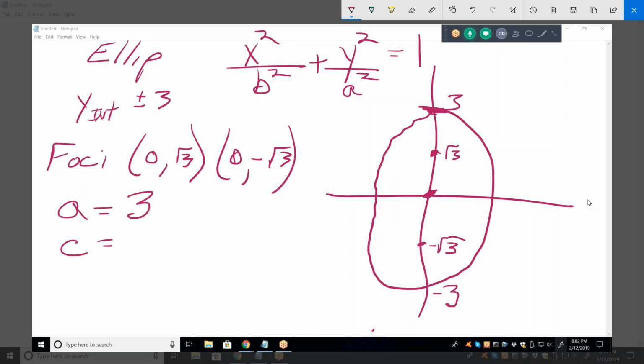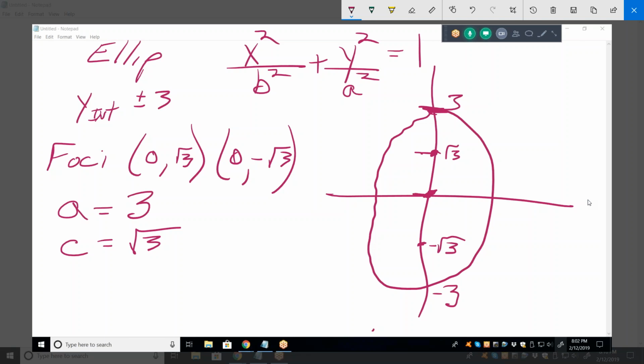So it'd be negative 3. No, just root 3, if we're talking about absolute value here for a moment. This distance right here is root 3. Now, what's the equation that relates A, B, and C? Because now we're going to be able to solve for B.